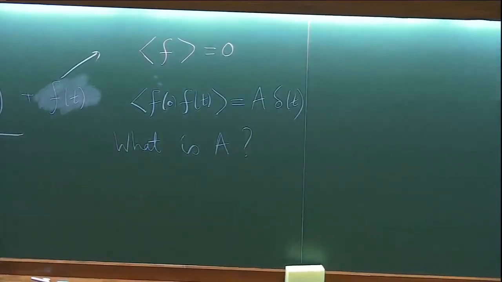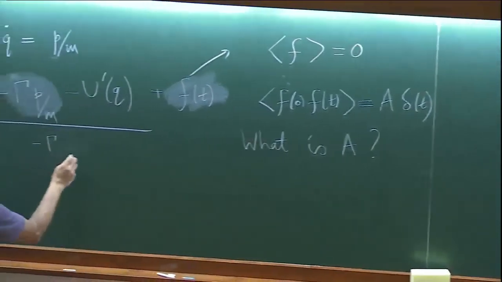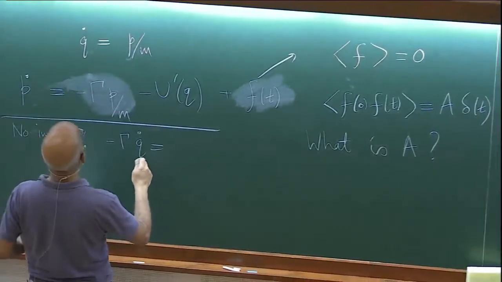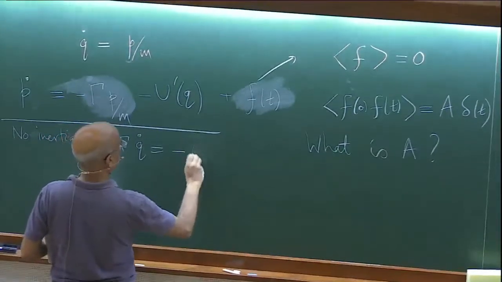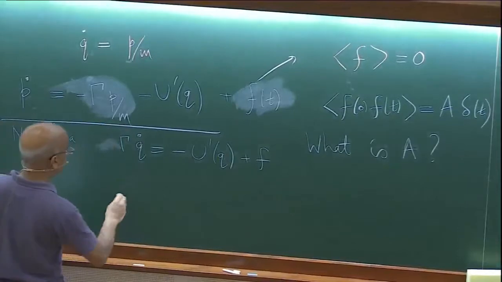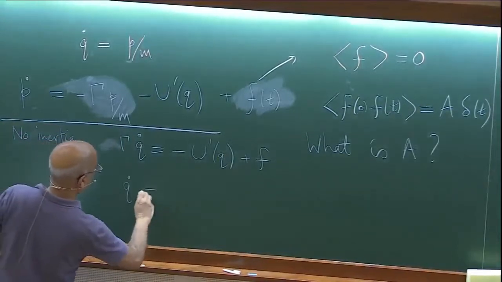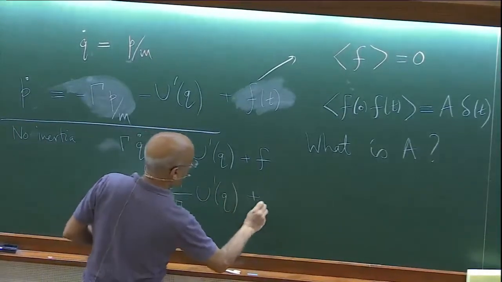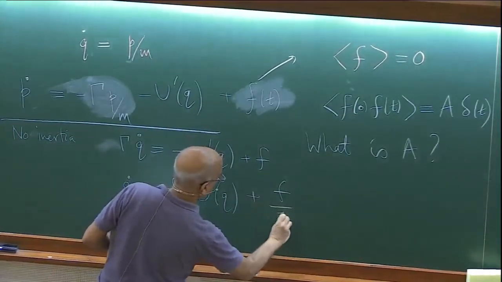Another version of this problem is where we can ignore inertia. Then what we'll say is that Q dot equals minus 1 over gamma Q prime of Q plus noise over gamma.